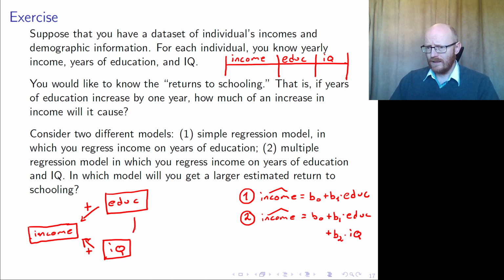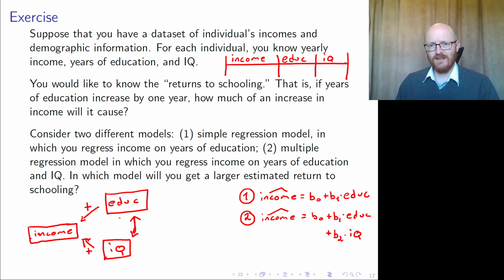But there is probably a relationship between education and IQ, and possibly it goes both ways, right?